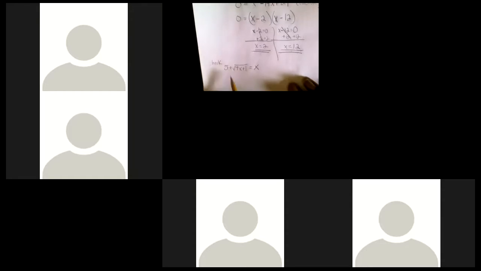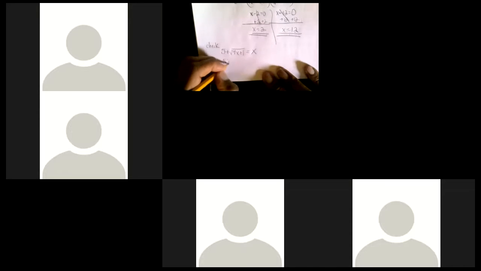So the way we check is, go back to the original problem. That's 5 plus the square root of 4x plus 1 equals x. That's the original problem. So we're going to replace the x's with a 2 and see if they equal each other. 5 plus the square root of 4 times 2 plus 1. Does that equal 2?